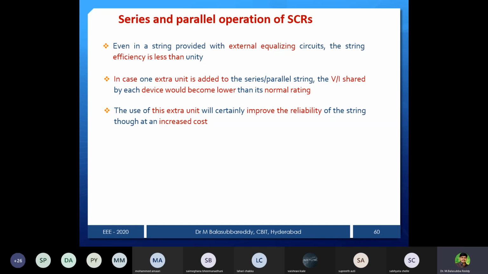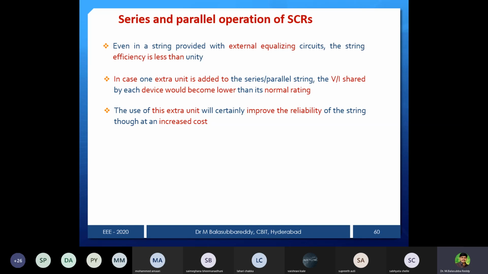So, what is the term reliability here? If you properly select the number of devices in series or in parallel, the stress shared by each device will be minimum, so that the failure of the device will be minimum, improving the reliability.